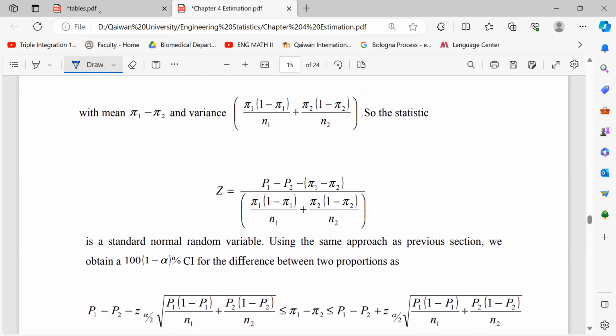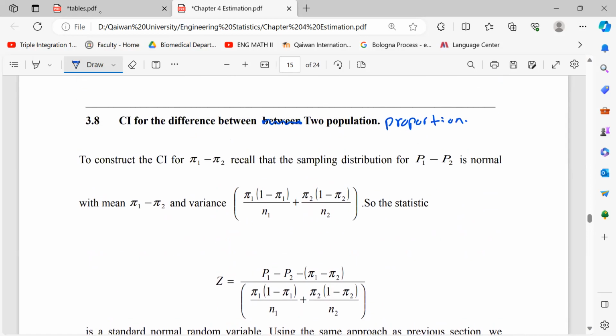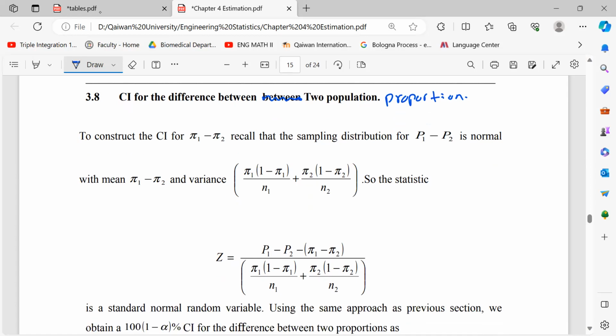Only in the first and the second topics do we have some cases, but in the third and fourth, we have only one case. In the previous one, we just had the confidence interval for the proportion of a population. Now we have the confidence interval for the difference between two population proportions. If you have two proportions, then we need to find the confidence interval for the difference of the proportions.